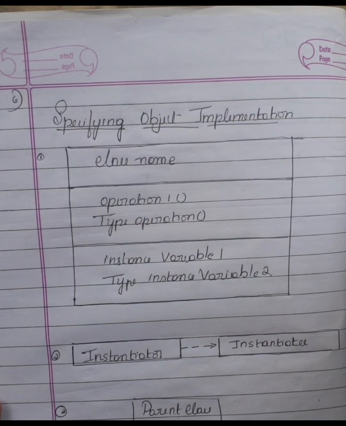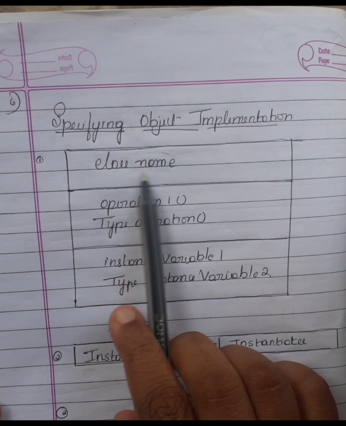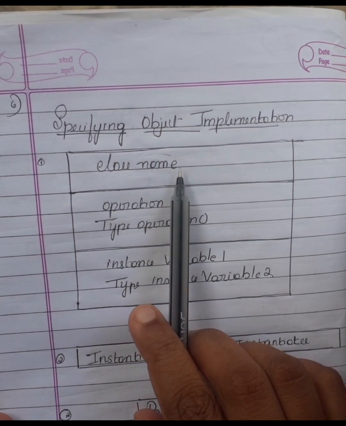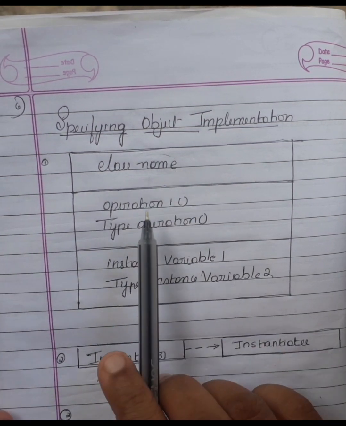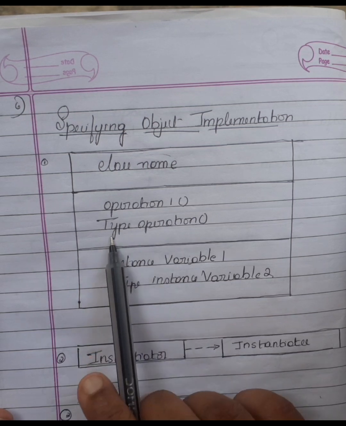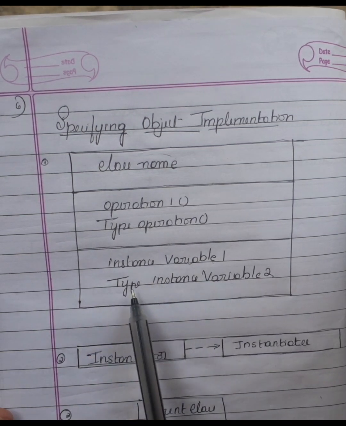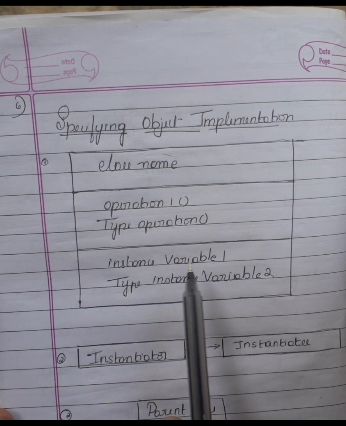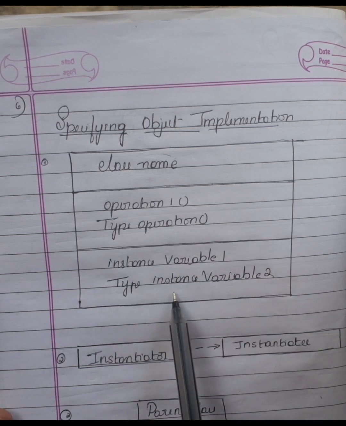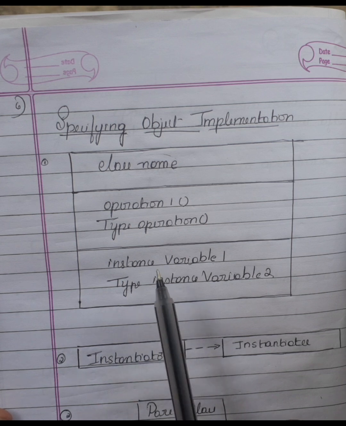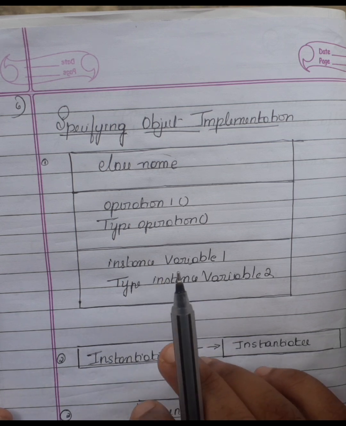So here there is a class name which must be written in bold. Then there is an operation and the type of that operation, instance variable 1, type, instance variable 2, where we declare all the data related to that variable.